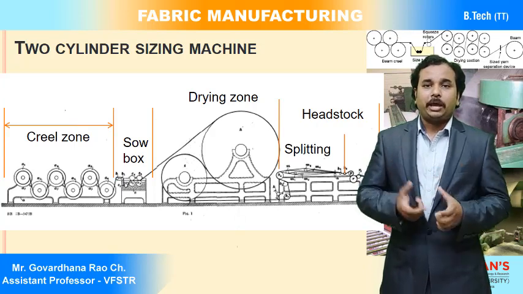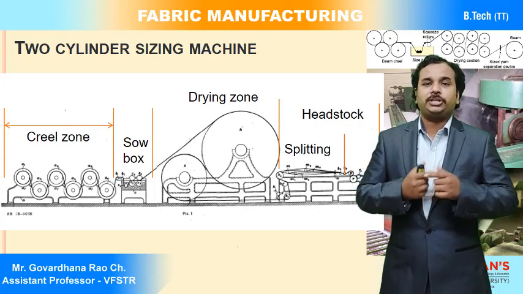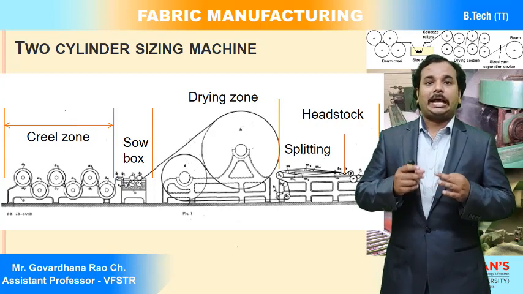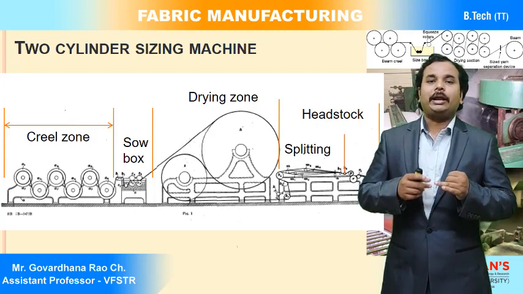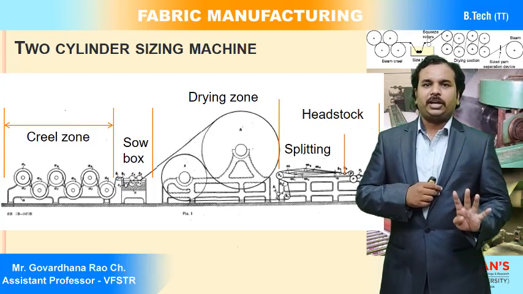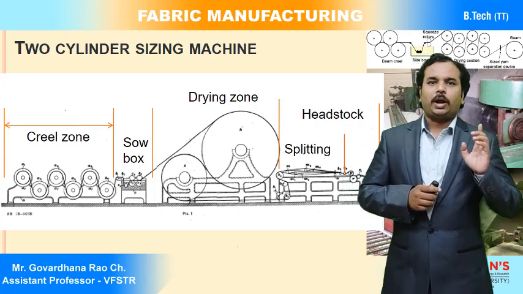Now again I am repeating, the different zones present in the 2-cylinder sizing machine are the creel zone, size box zone, drying zone and headstock zone. There are 4 zones which we specifically have in the sizing machine. So what are those?